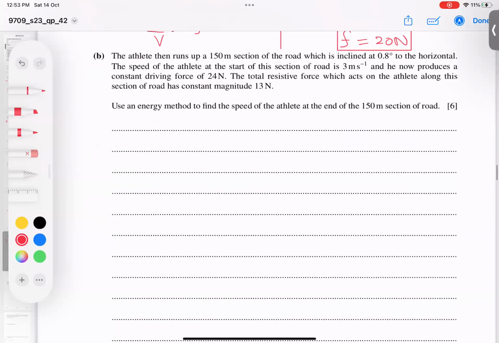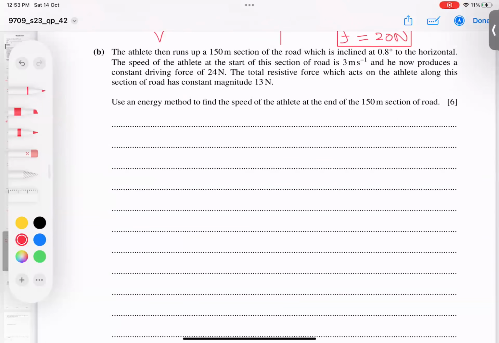Next part is given here. The athlete then runs up a 150-meter section of the road, which is inclined 0.8 degrees to the horizontal. It means first he was traveling straight, and then he's moving like that. If I show you this, it behaves as a right angle triangle.